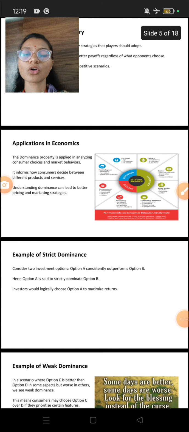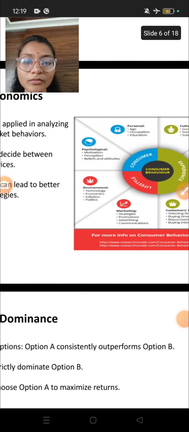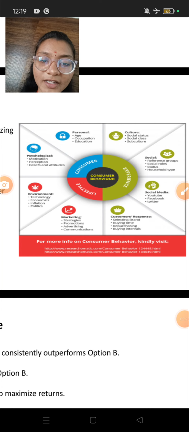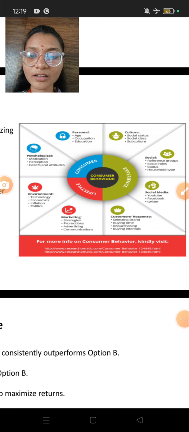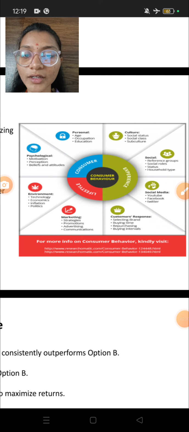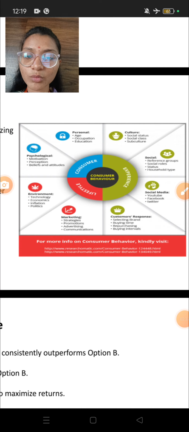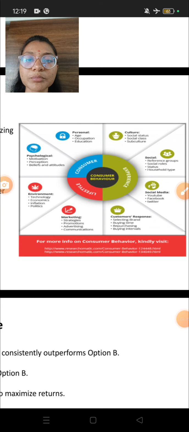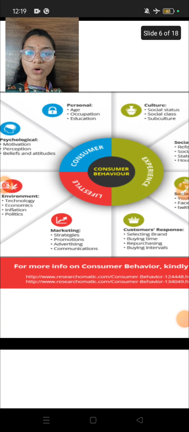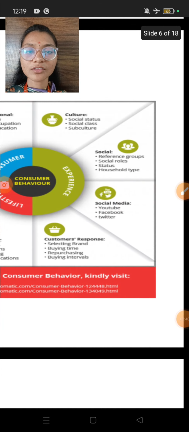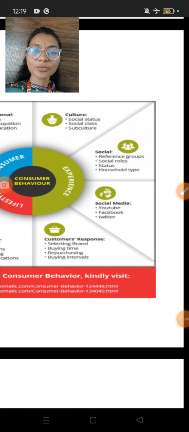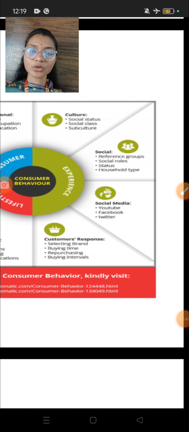Example of a strict dominance. Here: personal, cultural, social, media, customer responses, marketing, environment. In psychological: motivation, perception, beliefs and attitudes. In personal: age, occupation, education. In cultural: social status, social class, subculture. In social: reference group, social roles, status, household type.